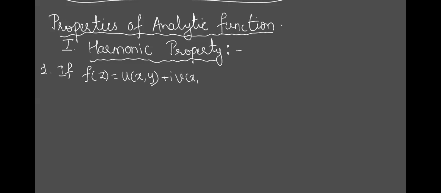What the property says: suppose you have a function f of z in the form u plus iv. How to identify that it is Cartesian? u and v are functions of x and y, so obviously it is a Cartesian form.